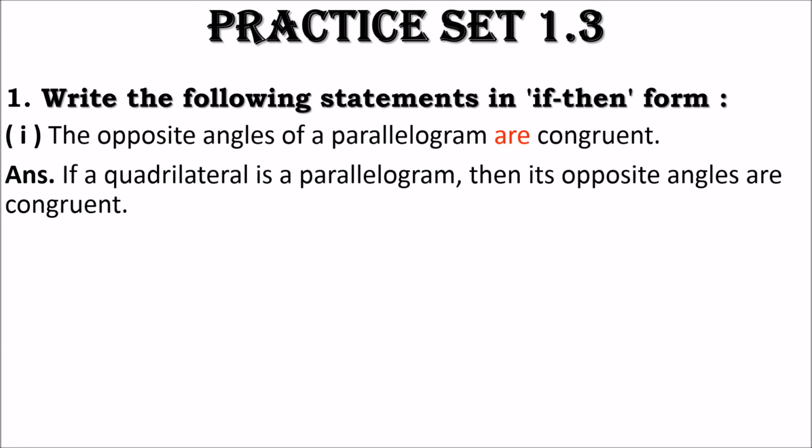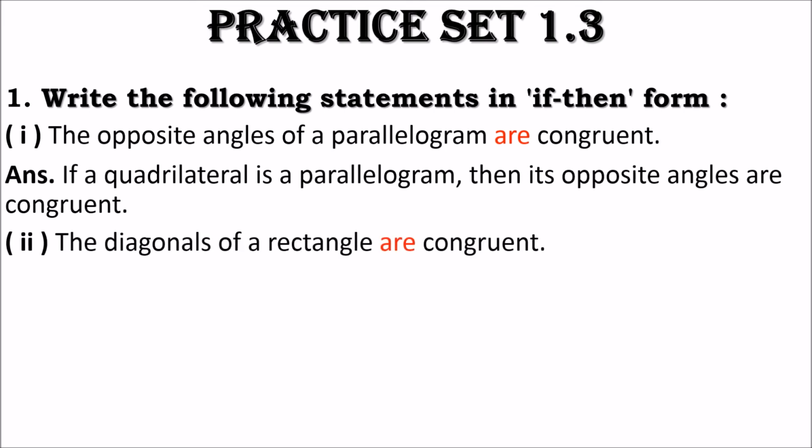correct? Now we have question number 2. The diagonals of a rectangle are congruent. So after the helping verb are, there is the word congruent. So that congruent is the consequent. That will come after the word then. So what is congruent in this?